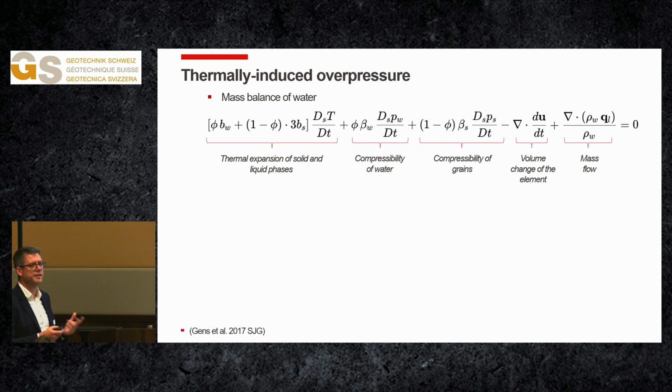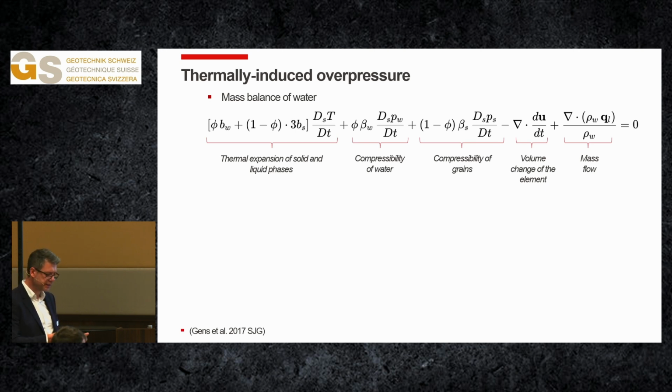From a geomechanical perspective, I think there are two main features to be considered. From one side, there is the possibility of overpressure induced by thermal load. This is the mass balance of water. If we think about undrained conditions, so we neglect flow and volume change of the material, and we can also neglect compressibility of the grains for a second, we realize that the thermal expansion of solid and liquid phases will generate pressure.